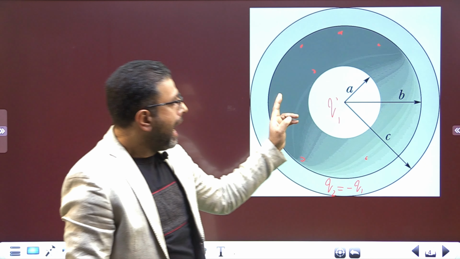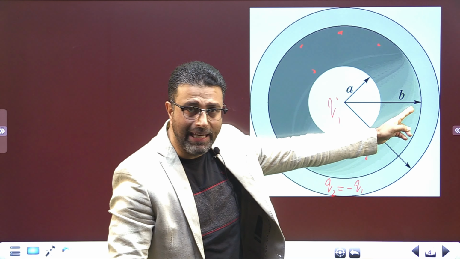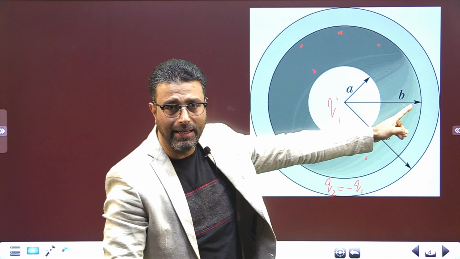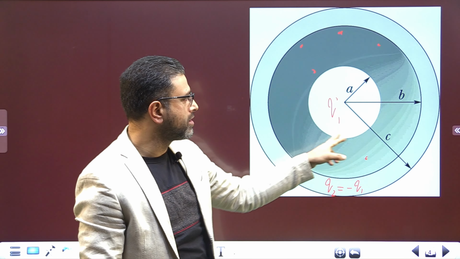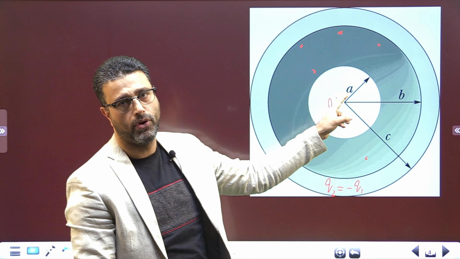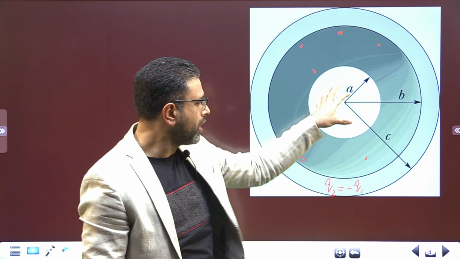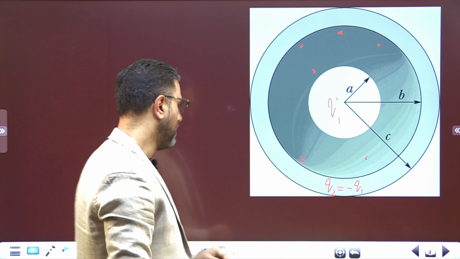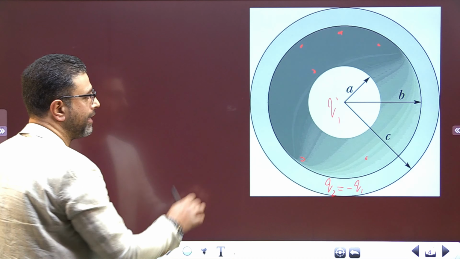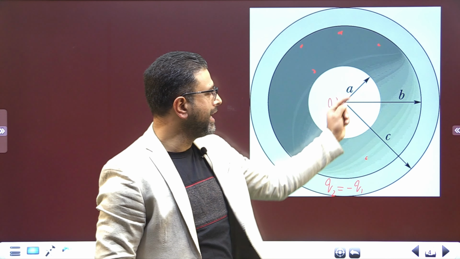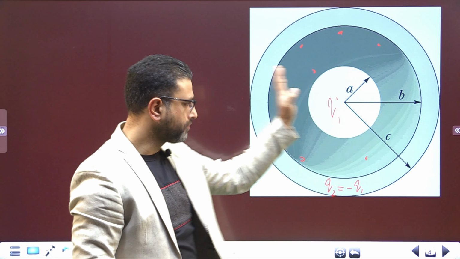That means up to a distance of b, the only thing that contributes to the field is this charged sphere. So what is the field due to this charged sphere? We'll break down the region again into two parts, from 0 to a and then from a to b.